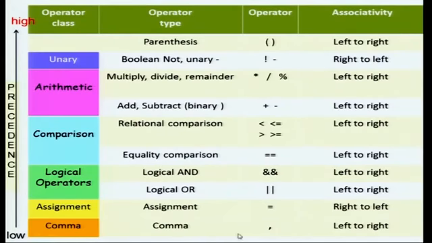The comma is an operation we will see later. Within the arithmetic operations, multiply, divide, and modulo operators have higher precedence over plus and minus. Plus and minus have higher precedence over relational operations like less than or equal to, and so on. We will see a few examples of how to use this table to understand what will happen with an expression.